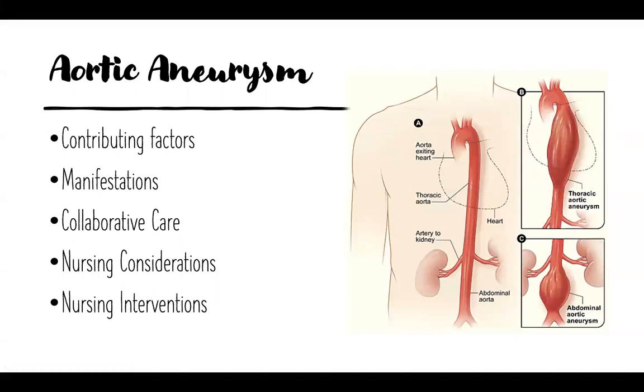All right, so with this aortic aneurysm, again, you can see it thoracic or you can see it abdominal. Diagnostic procedures: CT scan, MRI, X-ray, ultrasound. What are the nursing interventions for this patient? Nursing considerations? Well, treatment often includes surgery. So preoperatively, we want to maintain a systolic pressure at 100 to 120 millimeters of mercury with beta blockers.